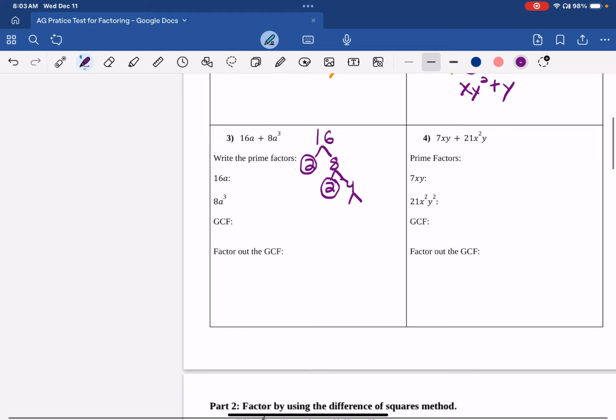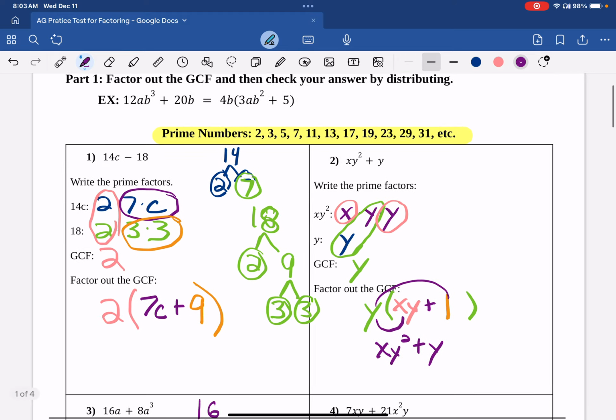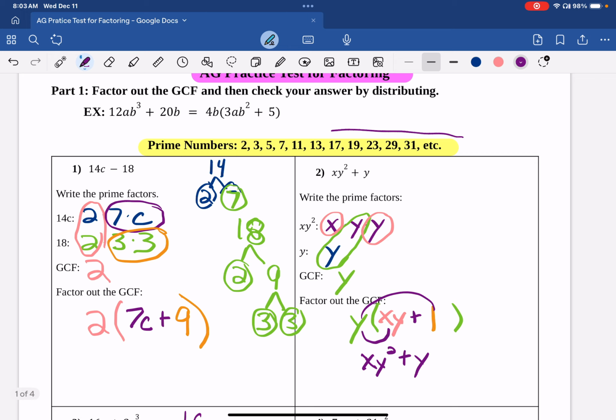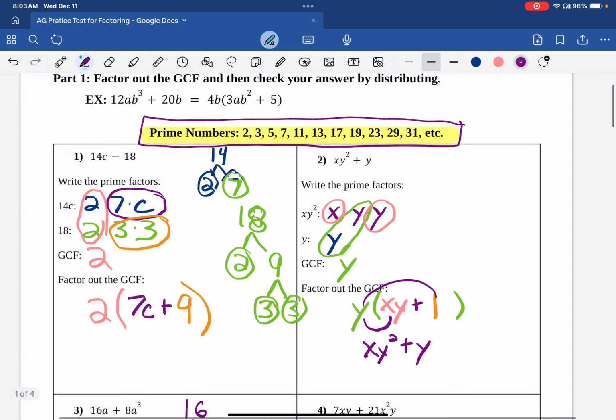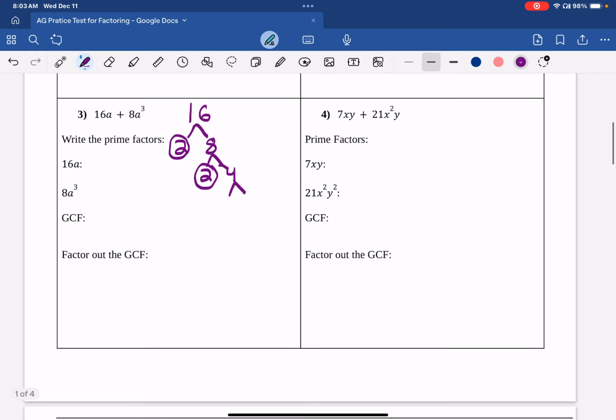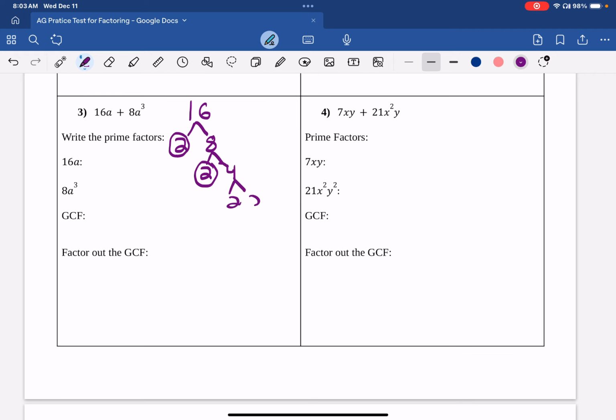And 4 is not a prime number. And if you're not sure if a number is prime, they're right up here at the top of your paper, and they're also written on the whiteboard up front. So 4 is not a prime number. You get 4 if you multiply 2 by 2. So 16 in prime factors is 2 times 2 times 2 times 2. There's 4 2's there. And then an a.